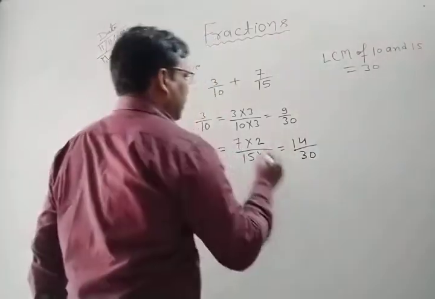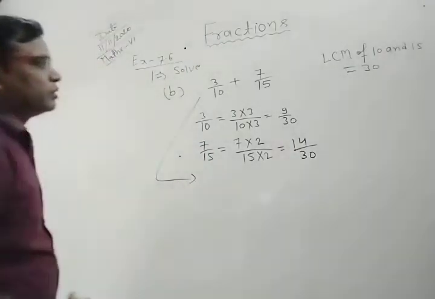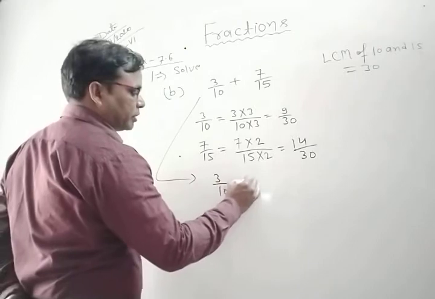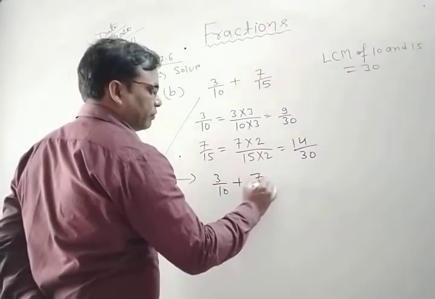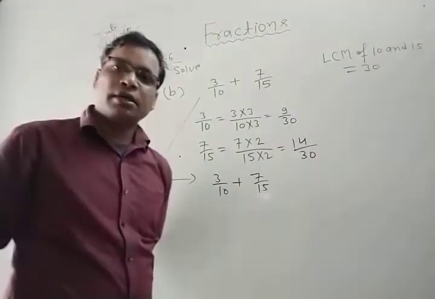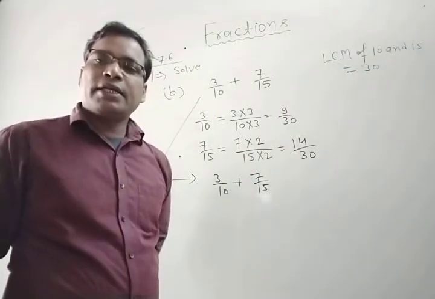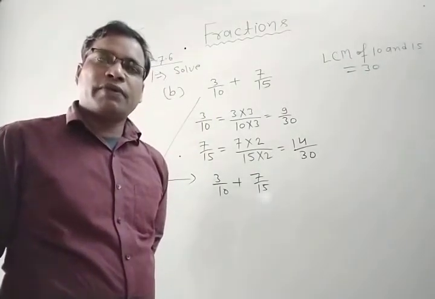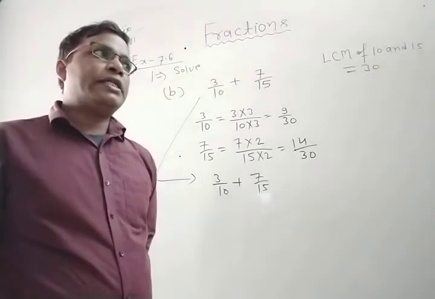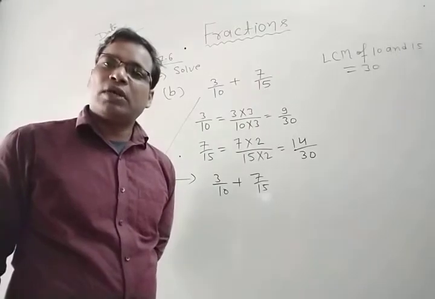Now this is the question, 3 by 10 plus 7 by 15. These both are unlike fractions, so we can't add them. We can't add two or more unlike fractions. Only addition or subtraction of like fractions is possible.